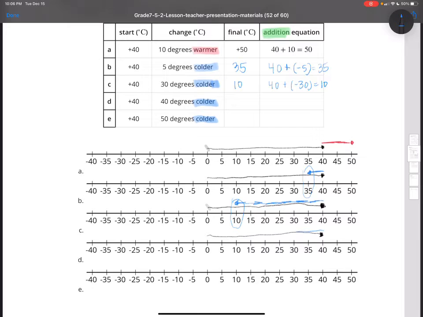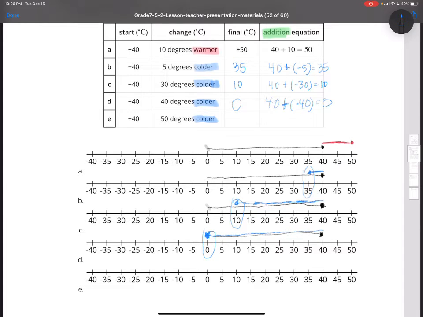So 5, 10, 15, 20, 25, 30, 35, 40. And I landed at 0. So my final answer is 0. So it's going to be 40 plus negative 40. And that equals 0. Excuse me for writing sloppy, guys.